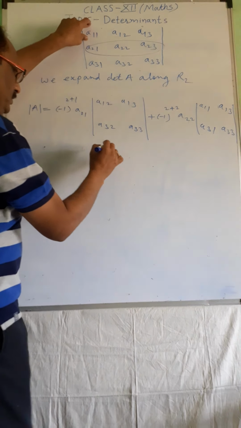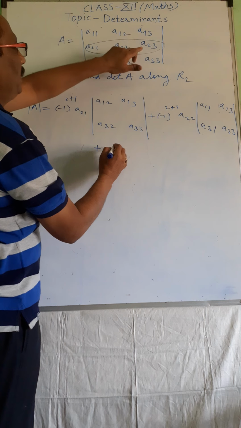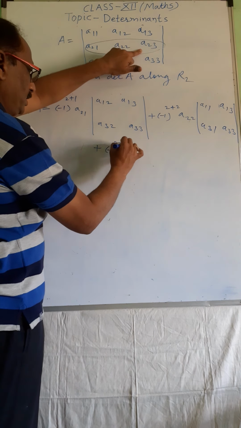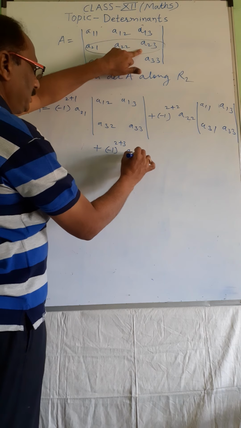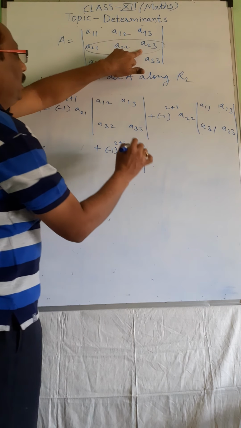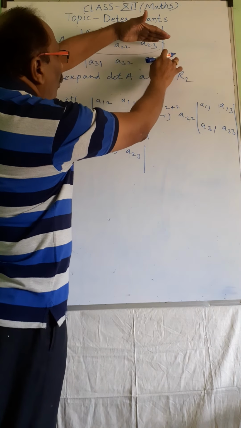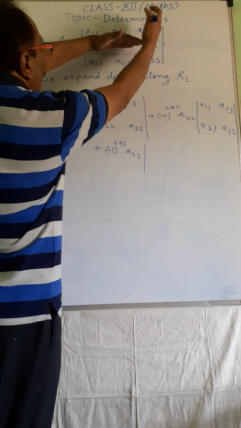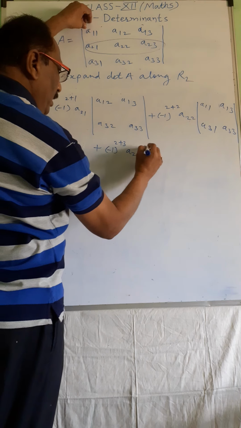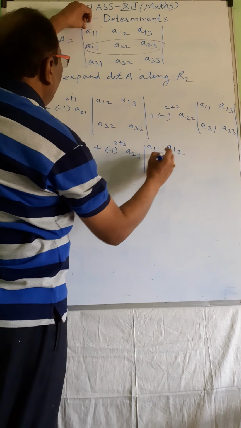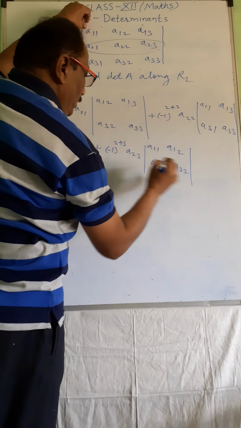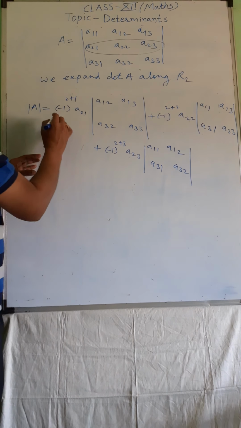Then the third element is A23, minus 1 raised to power 2 plus 3 and the element itself, A23. Then delete second row and third column, the elements are A11, A12, A31 and A32.